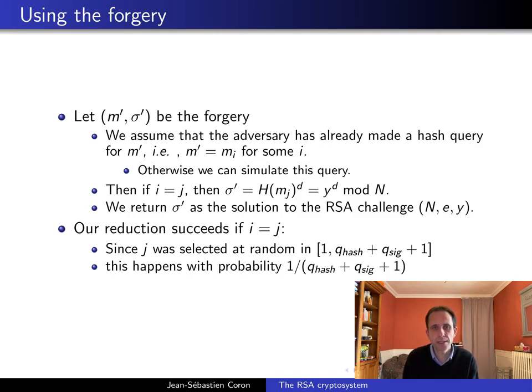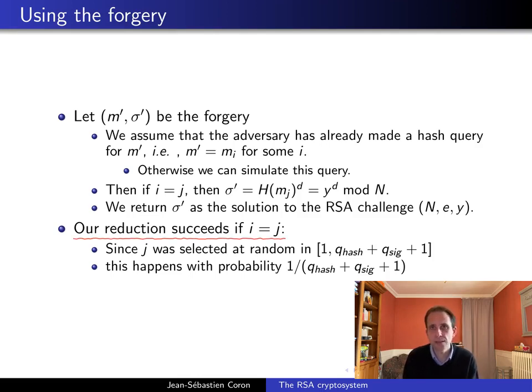And then, if we are lucky, if i is equal to j, so the forgery produced by the adversary is for the jth message, then the forgery is by definition equal to the hash of mj to the d, and this is exactly y to the d because the hash of mj is equal to y. And so this means that we are successful. We have computed y to the d, and so we can return sigma prime as the solution of the RSA challenge.